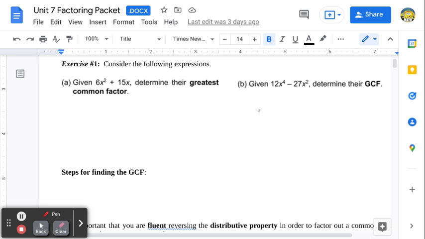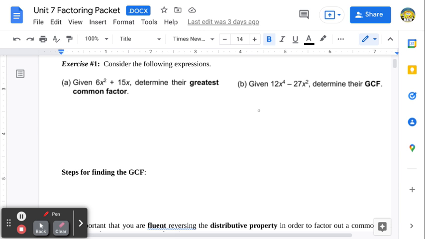We have two different problems, part A and part B. I'm going to do this in two different ways so you can see which one might stick in your head the best. So part A says given 6x squared and 15x, determine their greatest common factor.